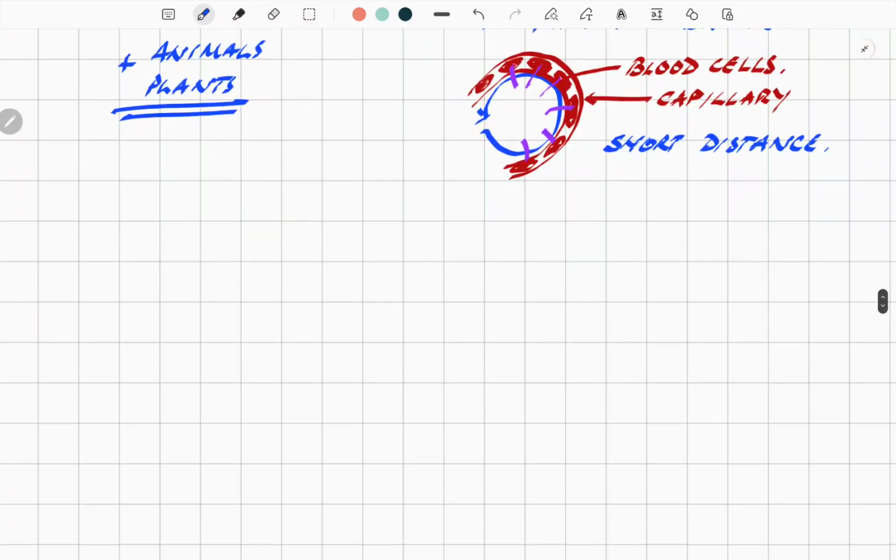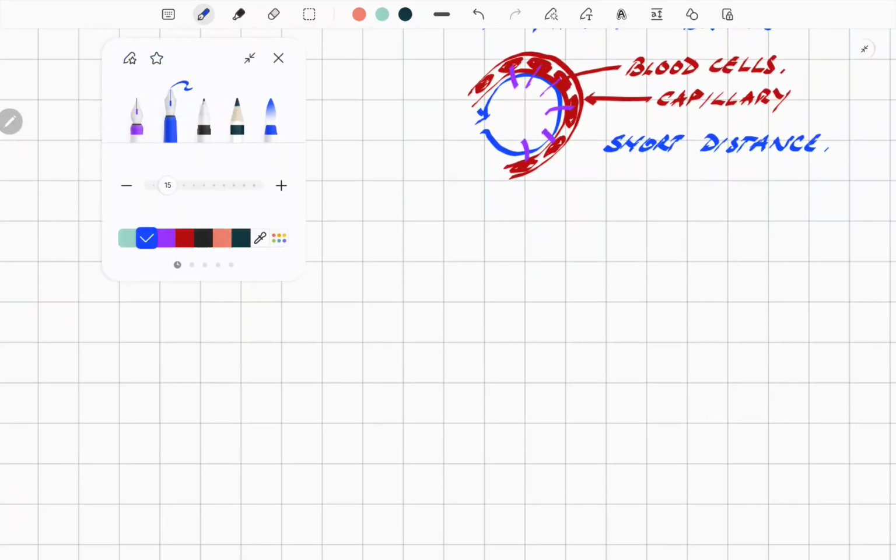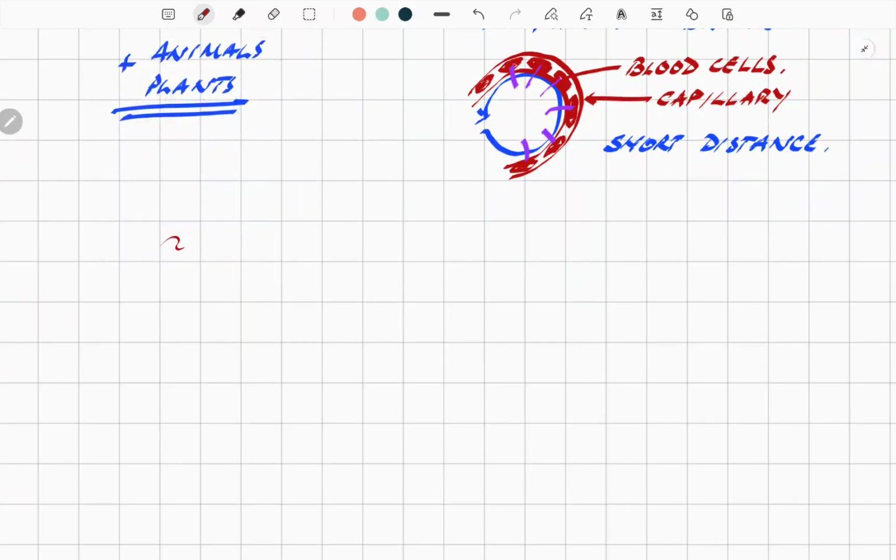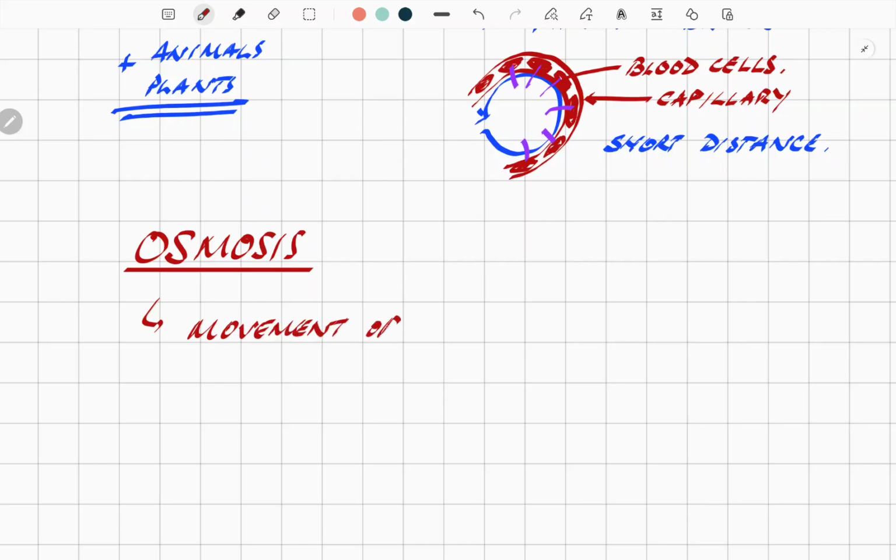Okay. Osmosis: it's the movement of water across a semi-permeable membrane.